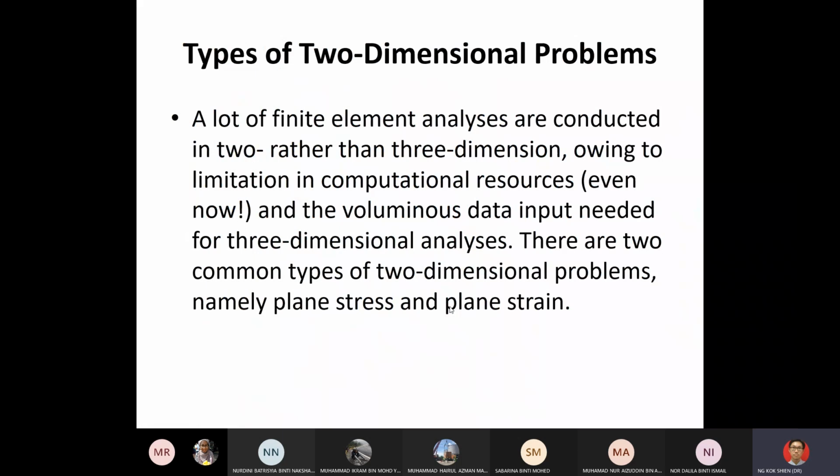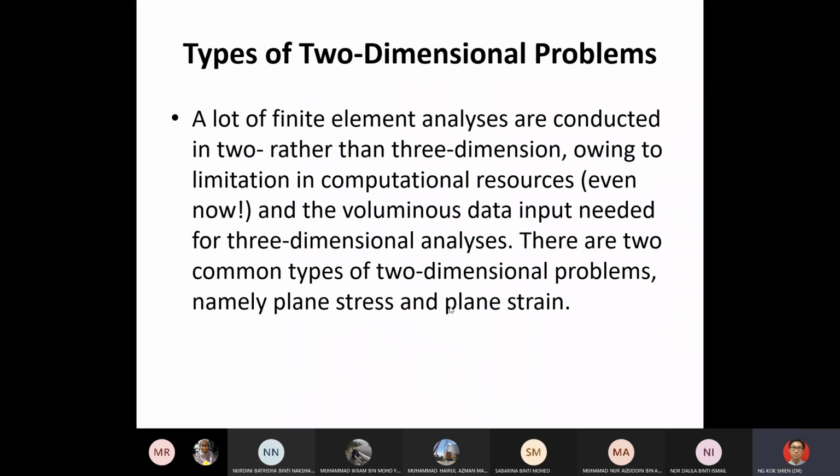It will take your time, your computer space, and your RAM. So you need a powerful computer to run three-dimensional analysis. That's why two-dimensional analysis is still very common, and it has an advantage over three-dimensional analysis.